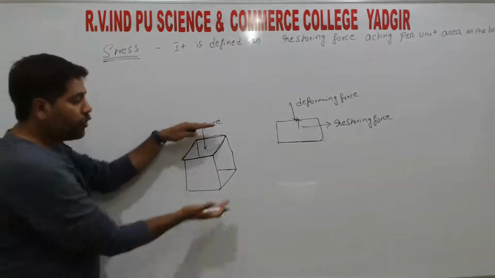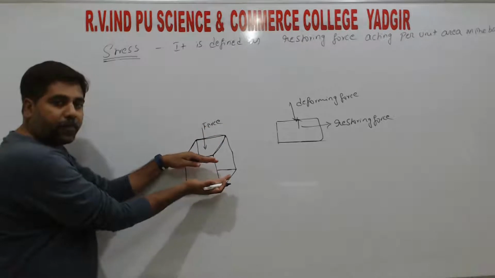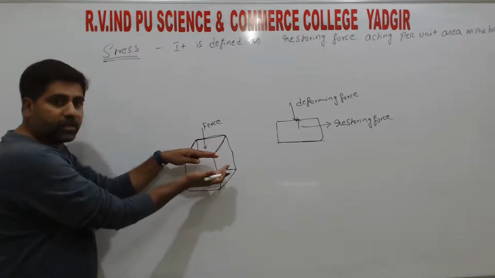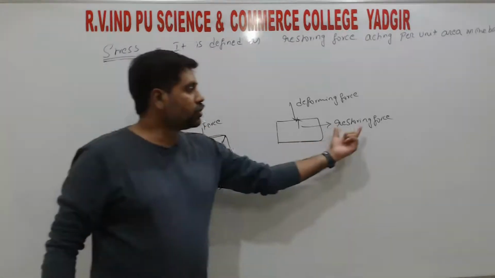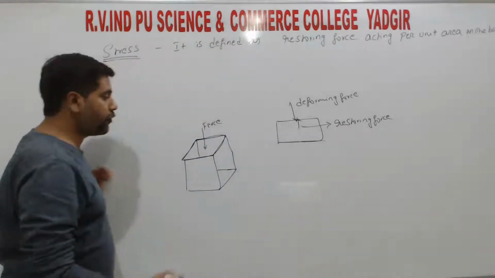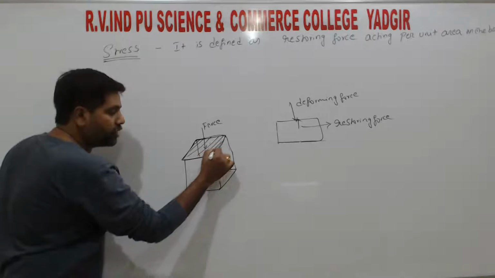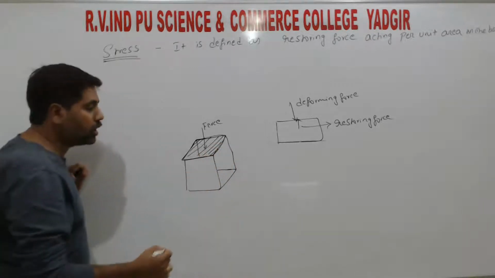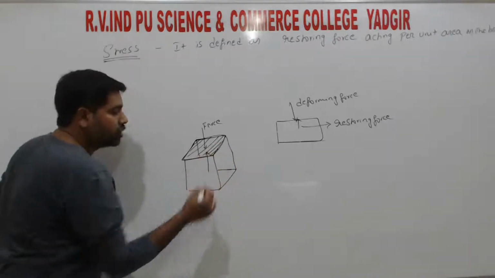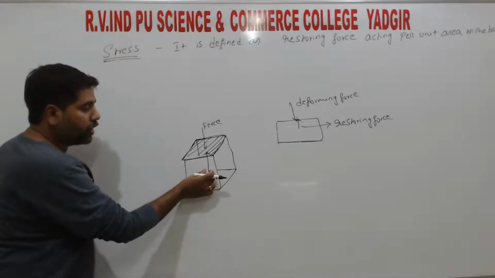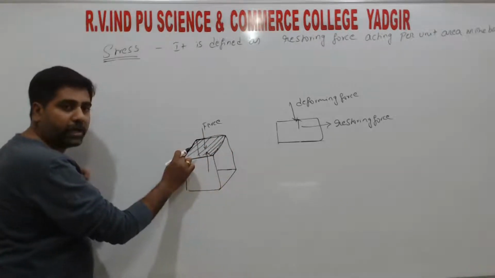Due to this deforming force, the object gets compressed. Due to the compression, a restoring force is generated from the inside onto the same surface. So the restoring force is also being generated on this surface, and that is the restoring force acting per unit area.